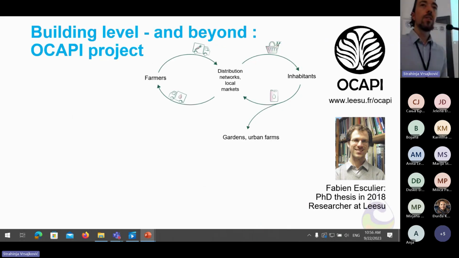Thank you. Another example we would like to share is another project at the building level and also beyond this. It's the OCAPI project, a project we have in our lab, which means optimization of carbon, nitrogen, phosphorus cycles in the city. And the aim of this project is to get more circularity for nutrients consumption and recycling from the production of food in farms, the distribution of food with the distribution networks and local markets too, and distribution to inhabitants.